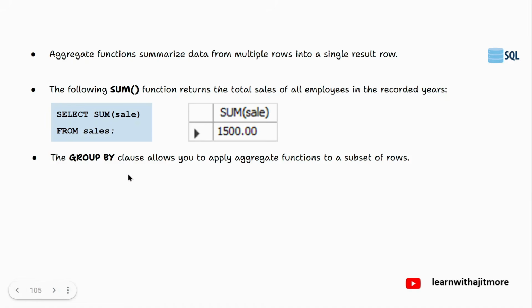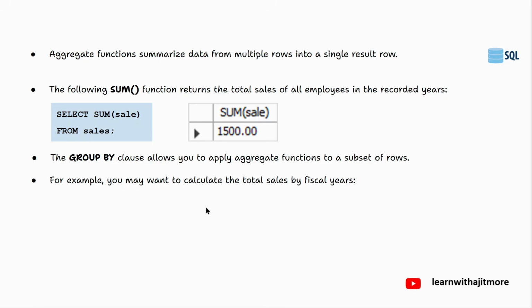Isn't it? The group by clause allows you to apply aggregate functions to a subset of rows. Getting? For example, you are told to calculate the total sale by fiscal year, year wise. Means how much total sale in 2016, how much total sale in 2017, how much total sale in 2018.